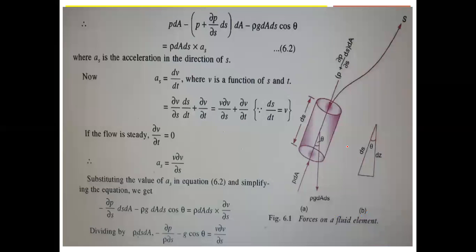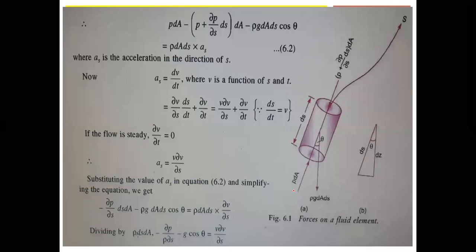In this figure, this is a pipe where the flow is passing in this direction. The S direction bends and goes like this; along this direction the particle is moving.